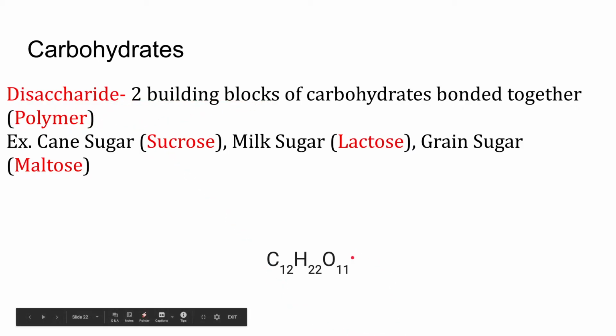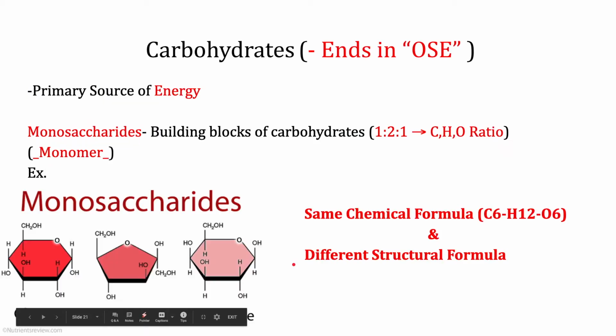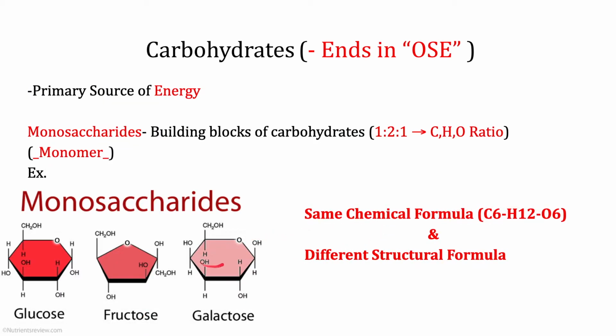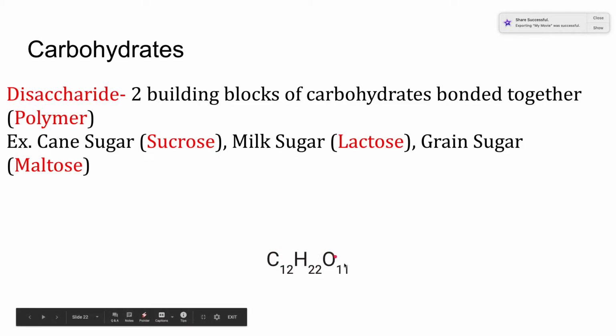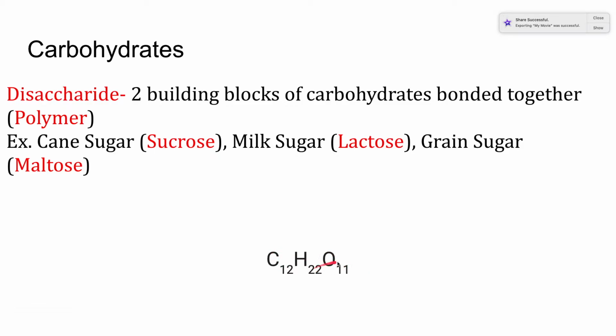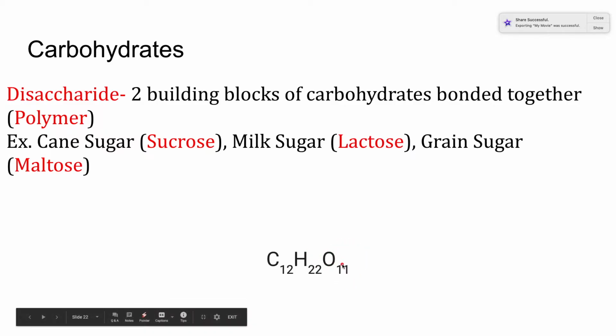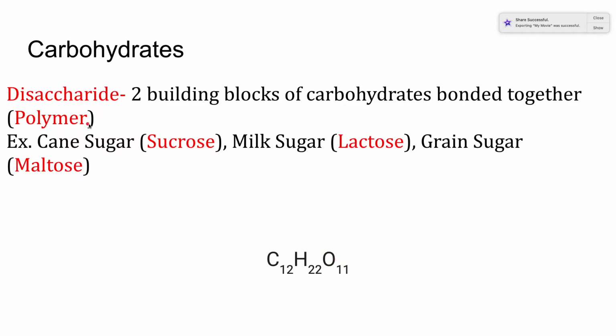And we talked about how, back here, we said each of these individually has 6 carbons, 12 hydrogens, and 6 oxygens, so you would think that it would be C12H24O12. But that's not the case. We actually have 2 hydrogens and an oxygen missing whenever we make a disaccharide, whether it's sucrose, lactose, or maltose.